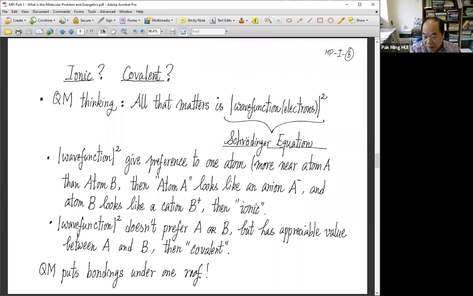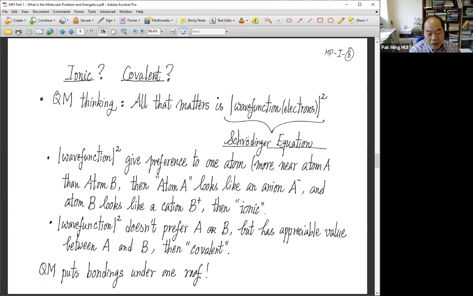So this is what I just said. Ionic, covalent, everything has to do with the wave function of the electron squared, okay? If it goes to one side, if the electron goes nearer to one atom, then A takes in one more electron and becomes an anion, so-called by chemists, and the other a cation, and then you have ionic character, right?